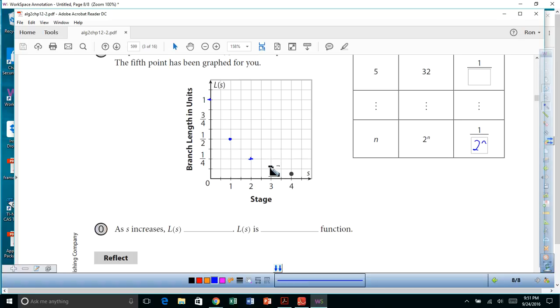So that would be half of that. And then 4 would have been 1/16, and that's marked. And then 5 would have been down here, even half that.